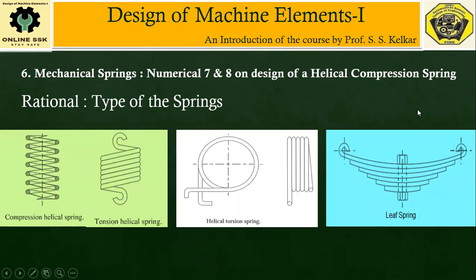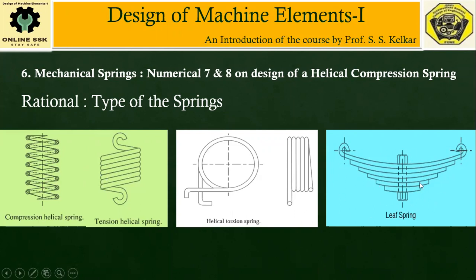Basically, three different forms of springs are used extensively. Helical springs, which are further classified as helical compression springs and helical tension springs. Then torsional springs, they work on the principle of bending, as well as leaf springs.